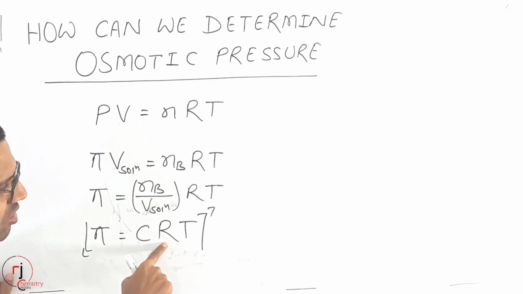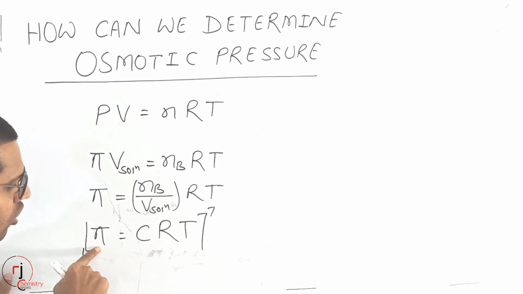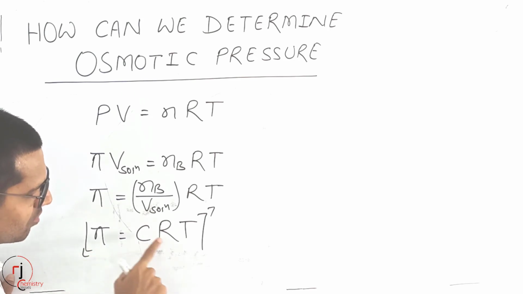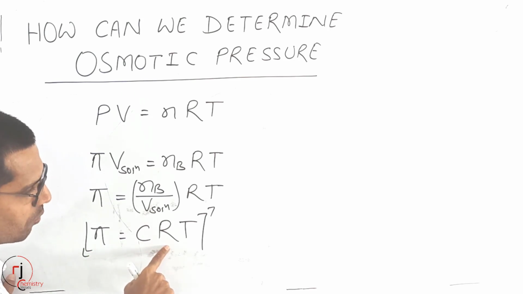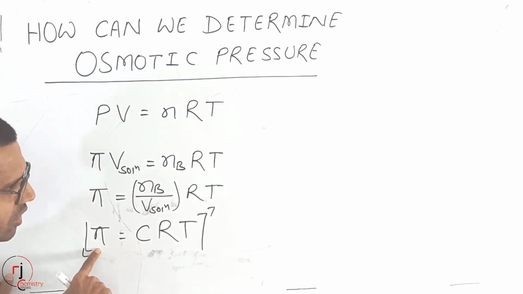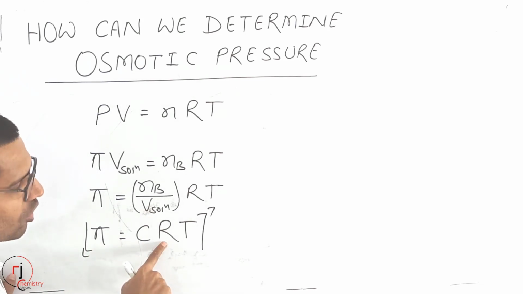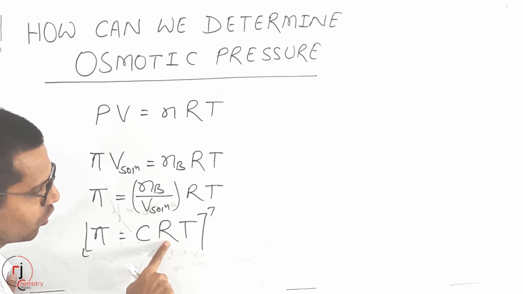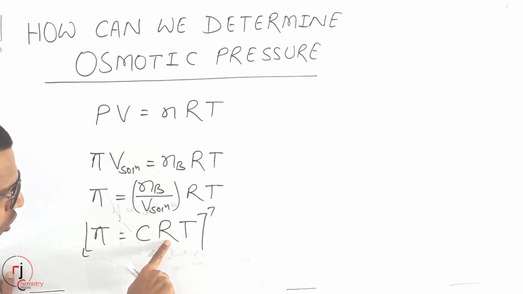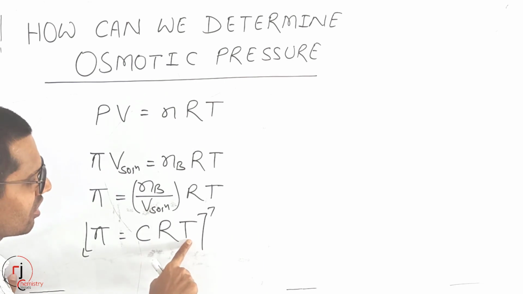The value of the gas constant is chosen on the basis of the unit of pi. If osmotic pressure is in atm, then R is 0.0821 atm liter per mole per Kelvin, and if osmotic pressure is in bar, then R is 0.083 bar liter per mole per Kelvin. And here T is absolute temperature.